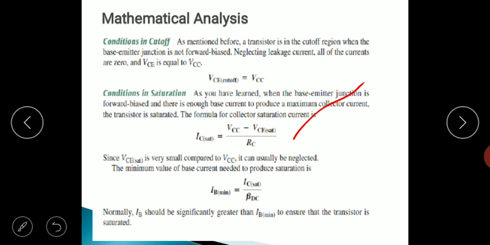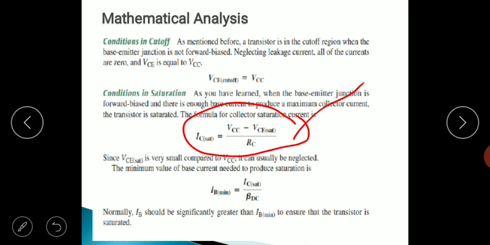For almost all practical applications, it is considered to be negligible, or it is of the order of 0.3 to 0.7 volt.